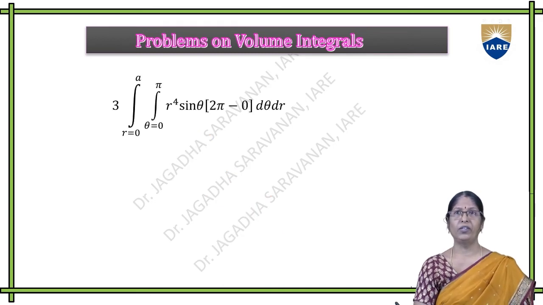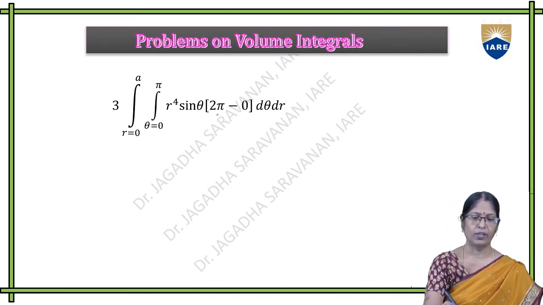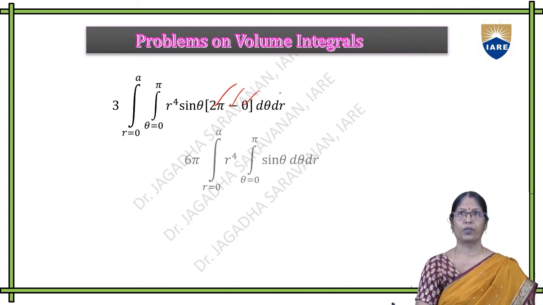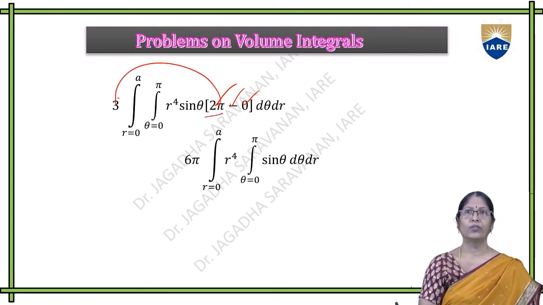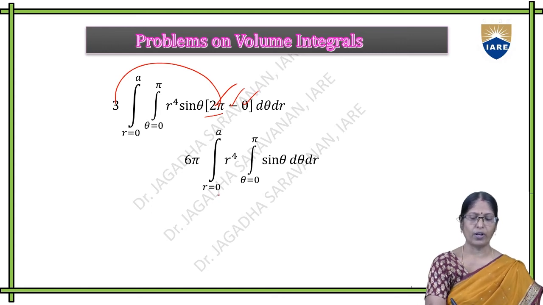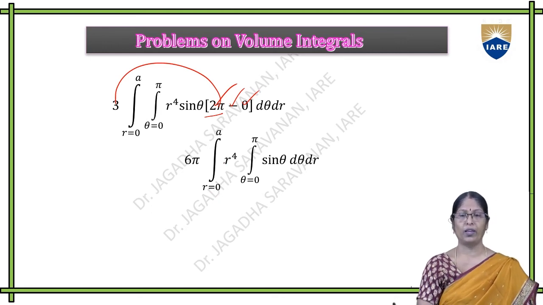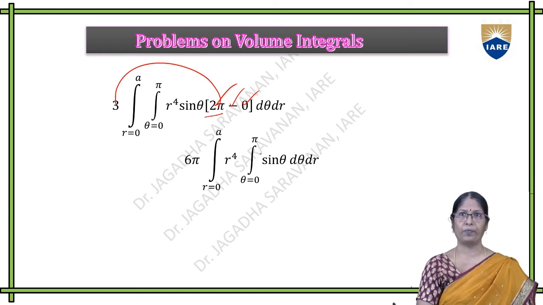So this interior integration limit value we applied in place of pi, that is the upper limit, 2 pi, limit formula, lower limit is 0. This 2 pi we brought outside, 3 into 2 pi, 6 pi, integral over r equal to 0 to a, here integral over theta from 0 to pi.